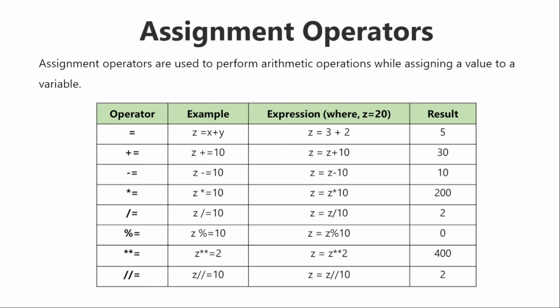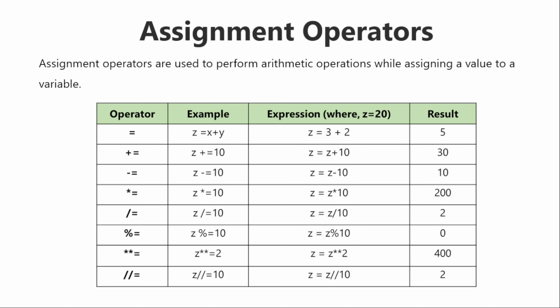They perform an arithmetic operation by assigning some value to a variable directly. Here, if you look at the examples, I have clearly mentioned the operators, their examples and expressions, and their final results. Now we can do it one by one.